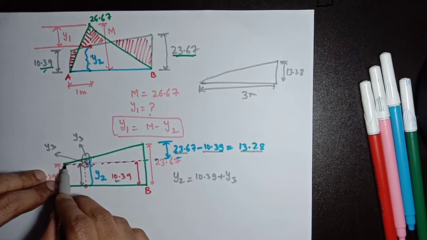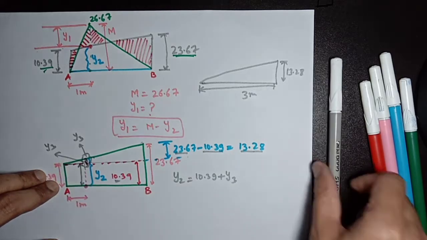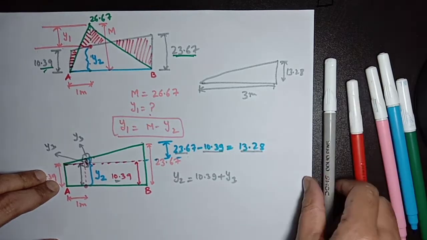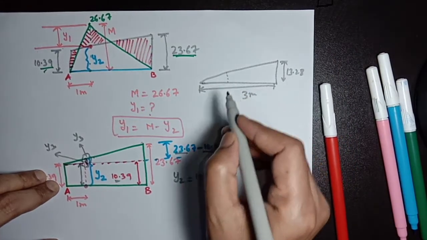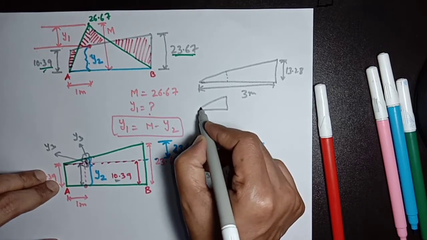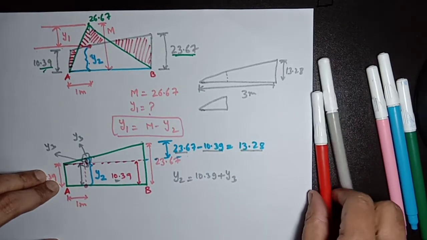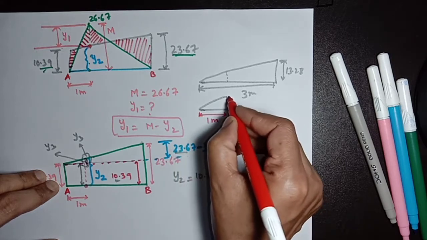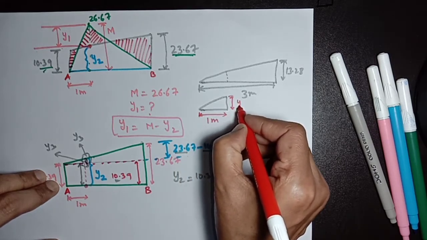And there will be another triangle, at a distance of 1 meter, the length will be 1 meter. This value is y3.